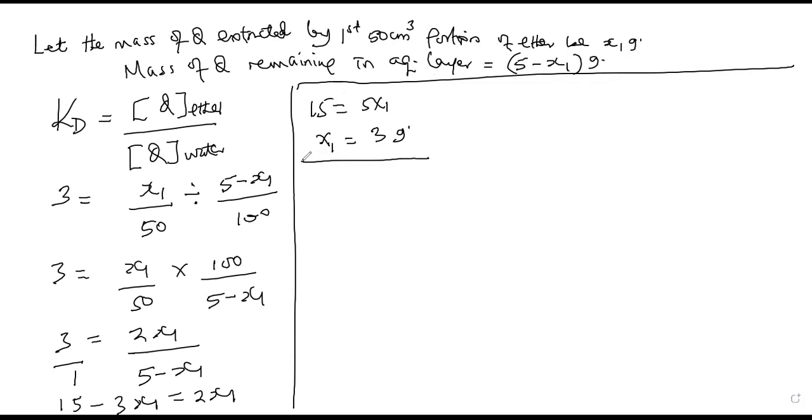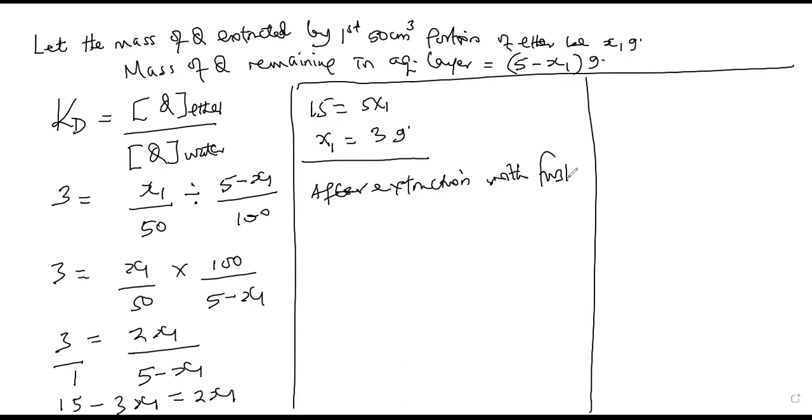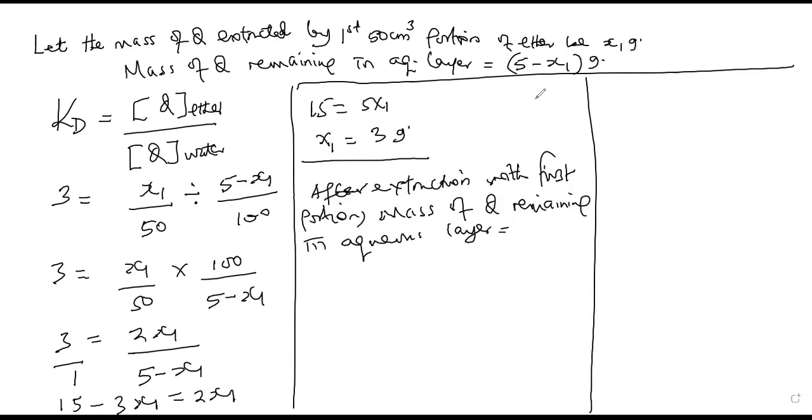So after extraction with the first portion, the mass of Q remaining in the aqueous layer will be equal to 5 minus X1, which is 5 minus 3.